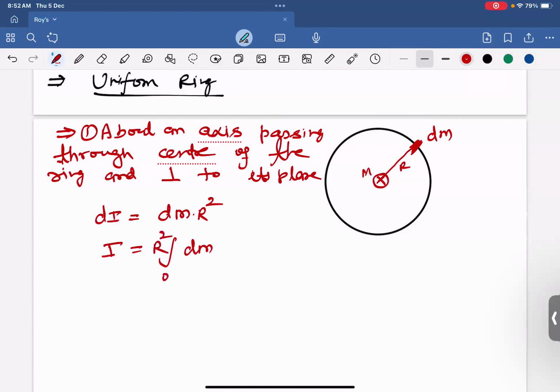You can integrate it to the complete mass, that is M. So you get I is equal to capital M into r square. That is the moment of inertia of a ring about any axis passing through its center and perpendicular to its plane.